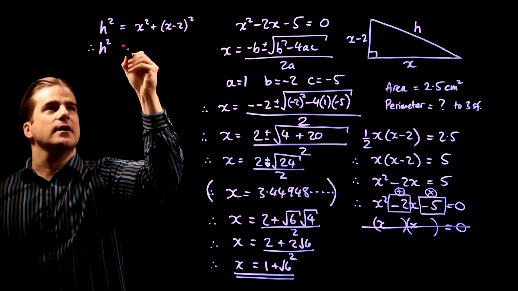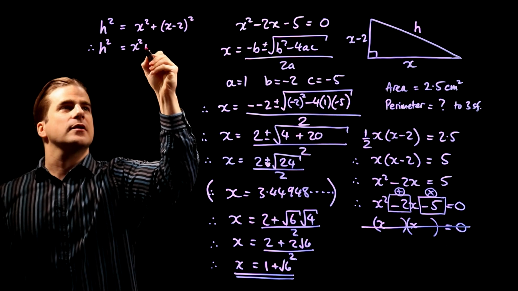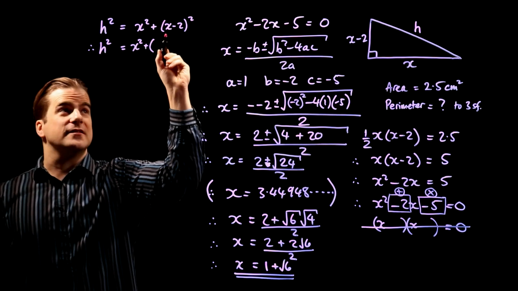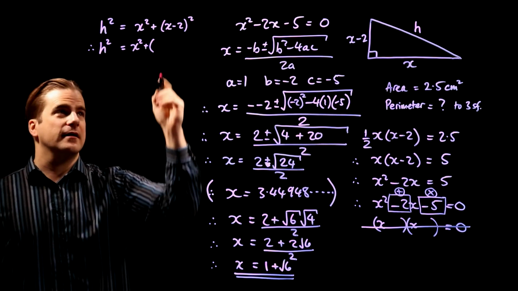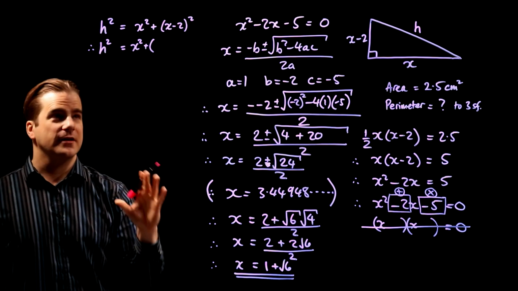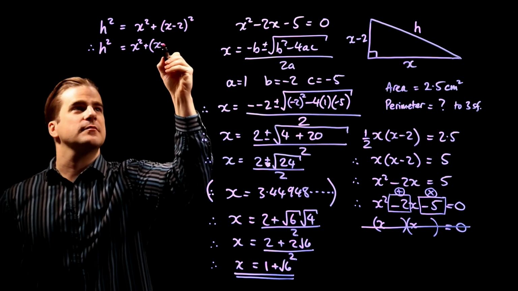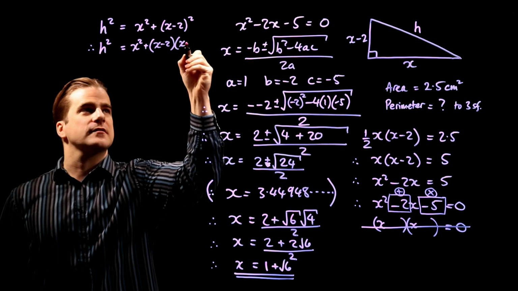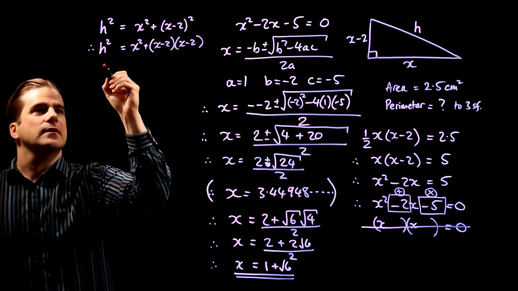Therefore, h squared is x squared plus, remember that is not x squared minus 2 squared. Don't fall into that trap. It's (x minus 2) times (x minus 2).